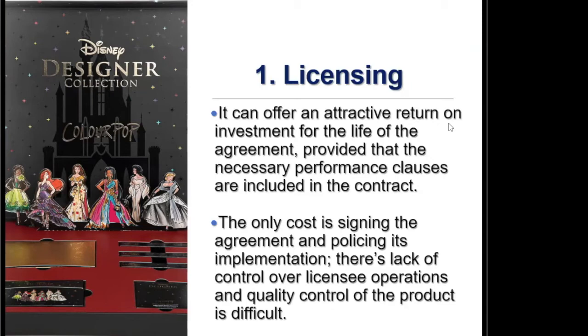So you realize that sometimes the licensee's operations and quality control will become circumspect after the agreement has been signed. Meanwhile, that was not in the agreement, right? So one major issue that we need to bear in mind when it comes to licensing is the issue of policing the licensing agreement and seeing to it that it is implemented as it was agreed upon, right?